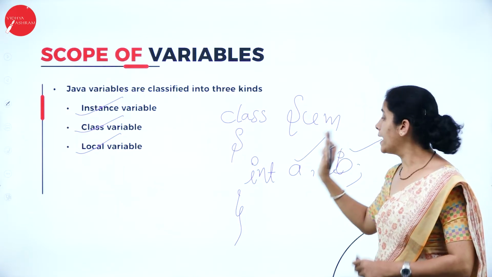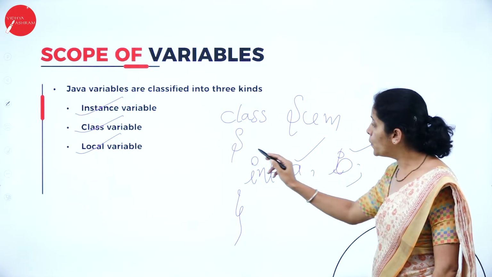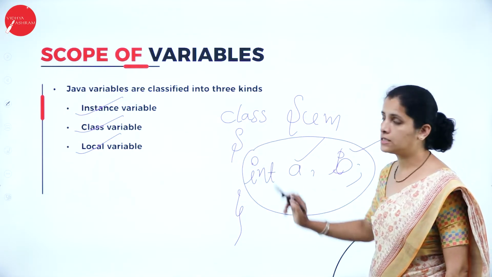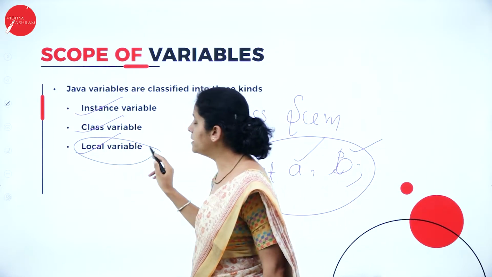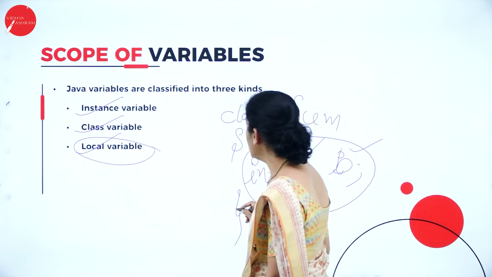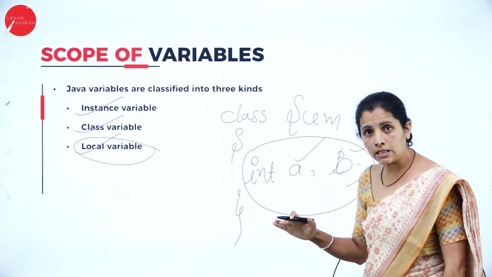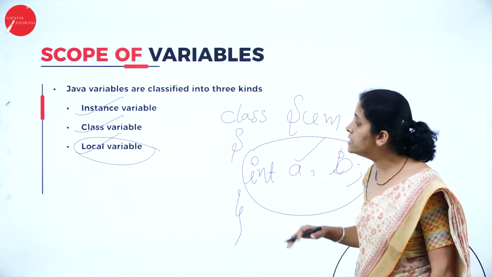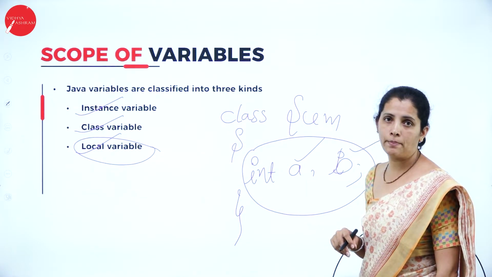That means I can access these two variables within this class. Now, I am going to have the local variable. Dear student, if I write a method inside this class, and in that method I use variables, then it is called a local variable.